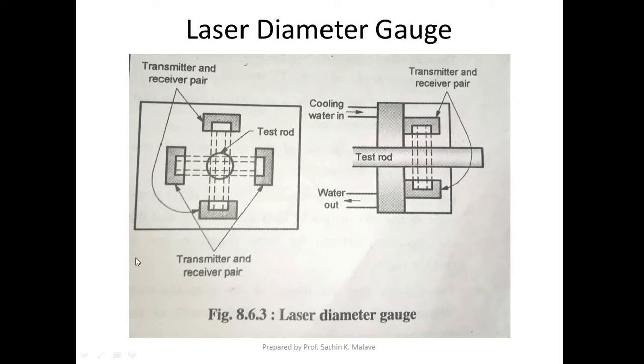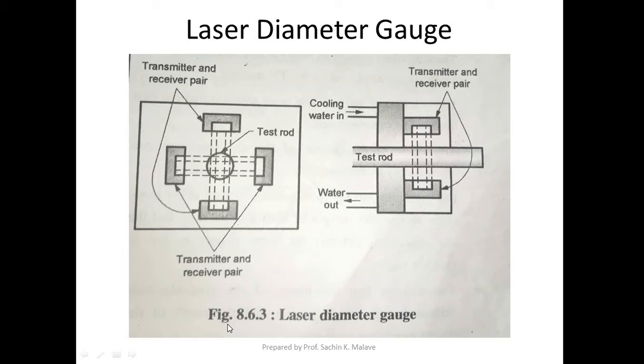If you go through this particular sketch, you can see that similar to the previous case, here also, the laser diameter gauge is an instrument which uses the laser for accurately measuring the diameter of any type of rod.